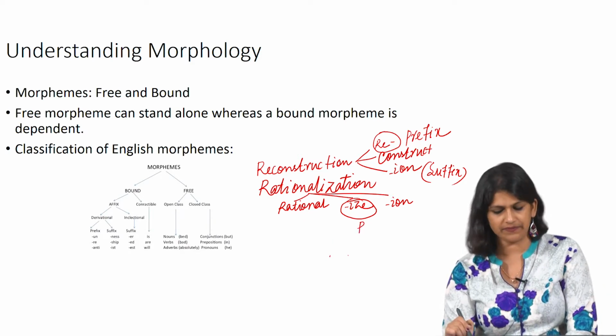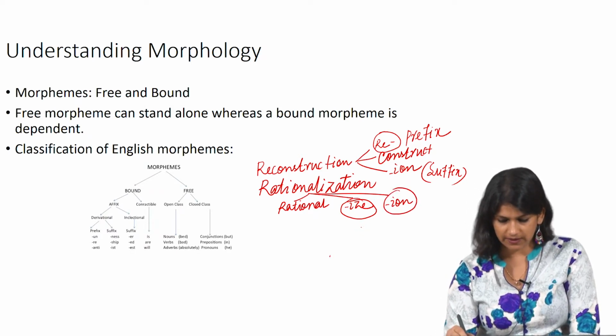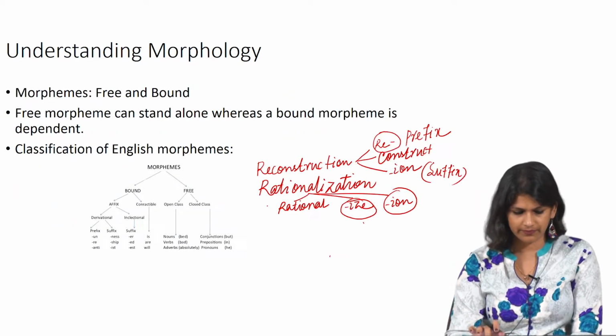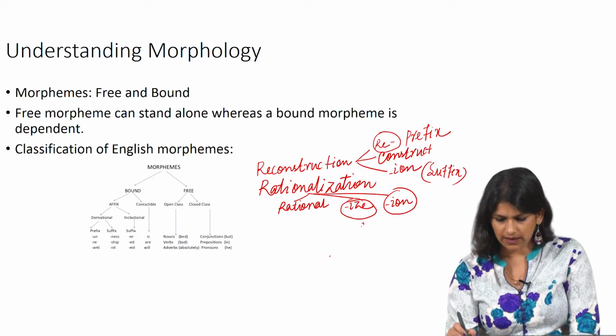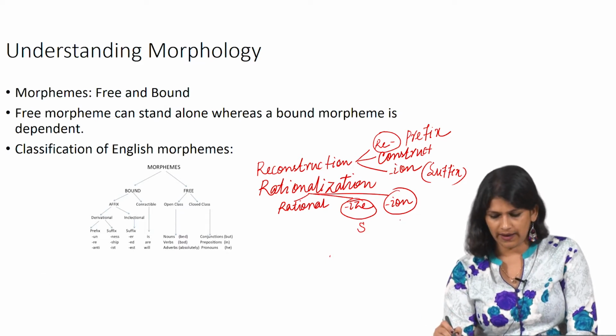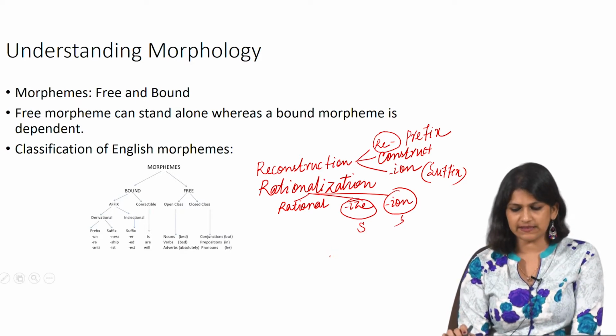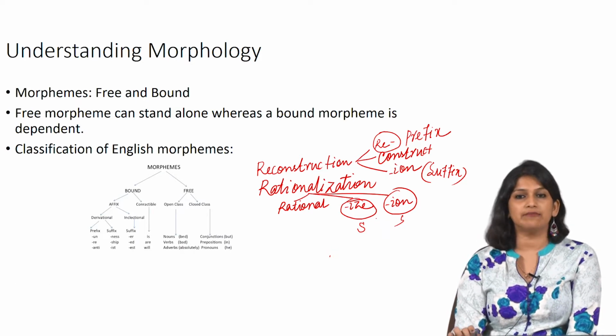"-ize" is obviously a suffix, because it occurs after the root word or the main word, and "-ion" is also a suffix. Okay. So, all these prefixes and suffixes that you encounter are bound morphemes.